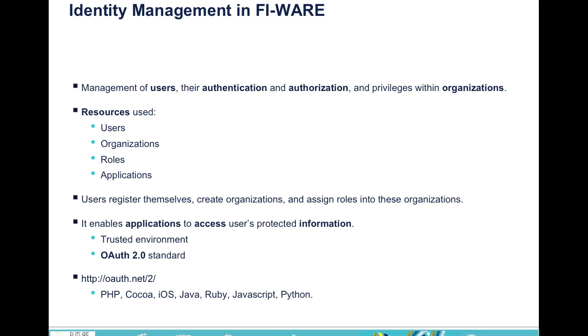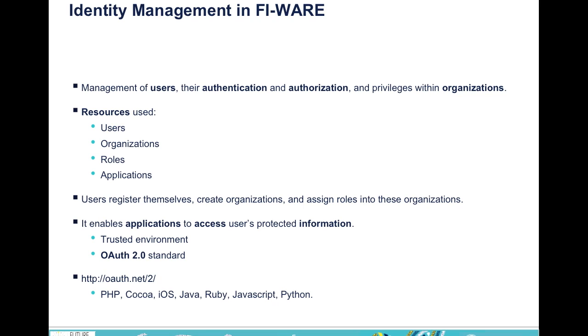Basically, FI-WARE account is a service to manage users, authenticate and authorize them, and manage organizations. The resources we can manage are users, which represent people in the real world, organizations that are a group of users, and roles that represent a set of permissions of users in their organizations.